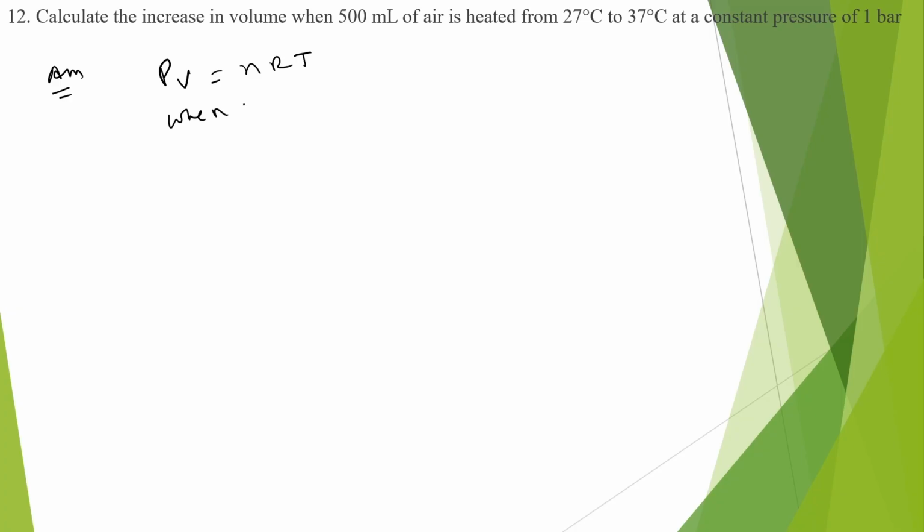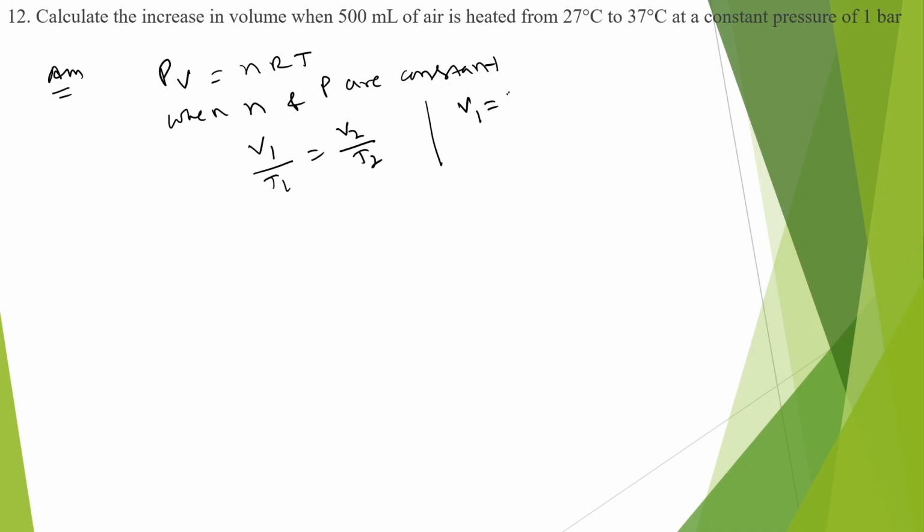When n and P are constant, we can write V1 by T1 is V2 by T2.